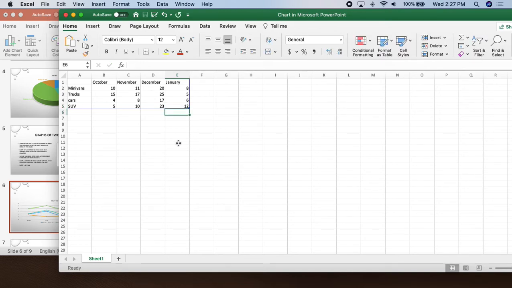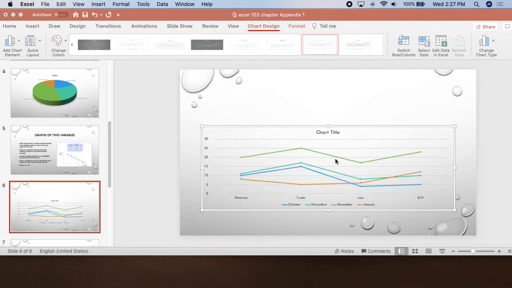All right, now that we have our data here, we can close this, and now we can see our charting here, and this kind of gives you an idea of how you're doing. You can see here your cars, you can see your SUVs, and you can also reverse that and put them the other way around if you want to look it up by month over month and keep the type of the vehicle fixed.